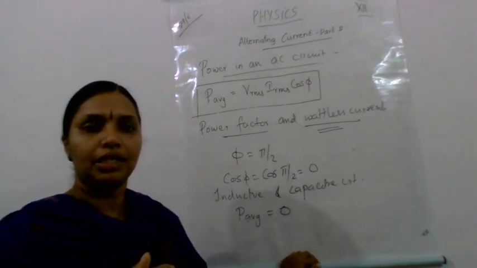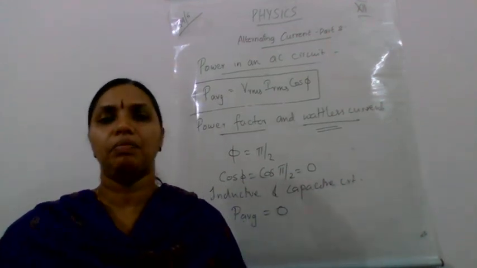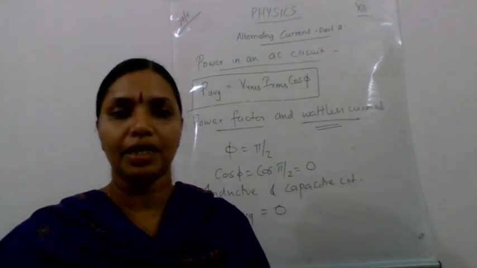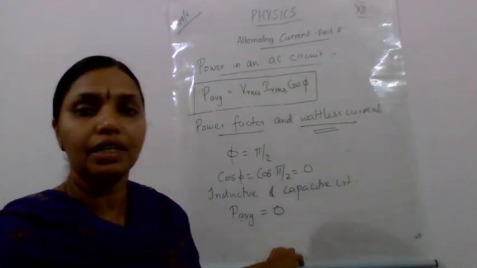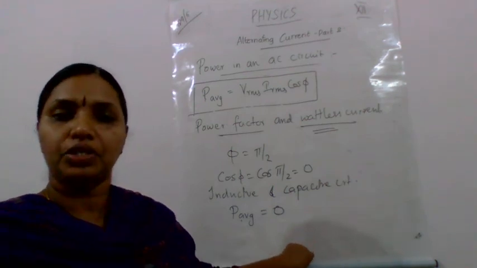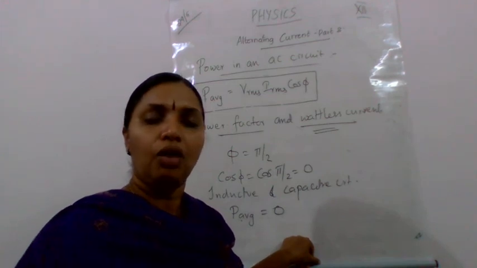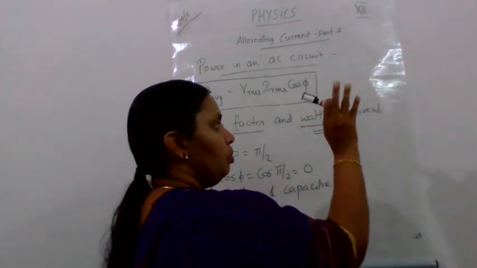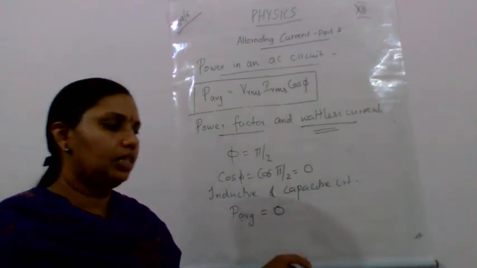In the case of an inductive circuit and a capacitive circuit, power consumed is 0, so the current flowing through it is known as wattless. Wattless means no power. That is called wattless current.